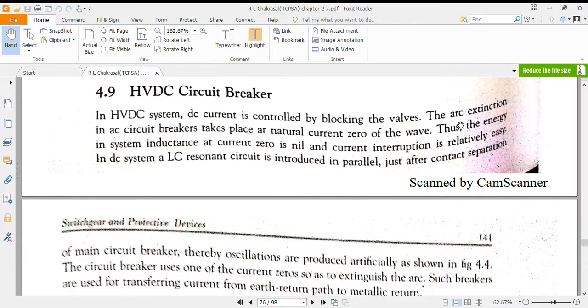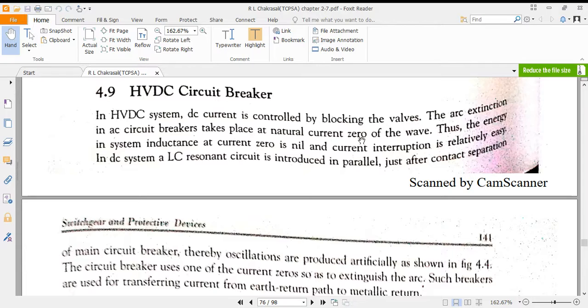Here also, the main objective is the arc quenching, arc extinction. The arc extinction in AC circuit breaker takes place at natural current 0.